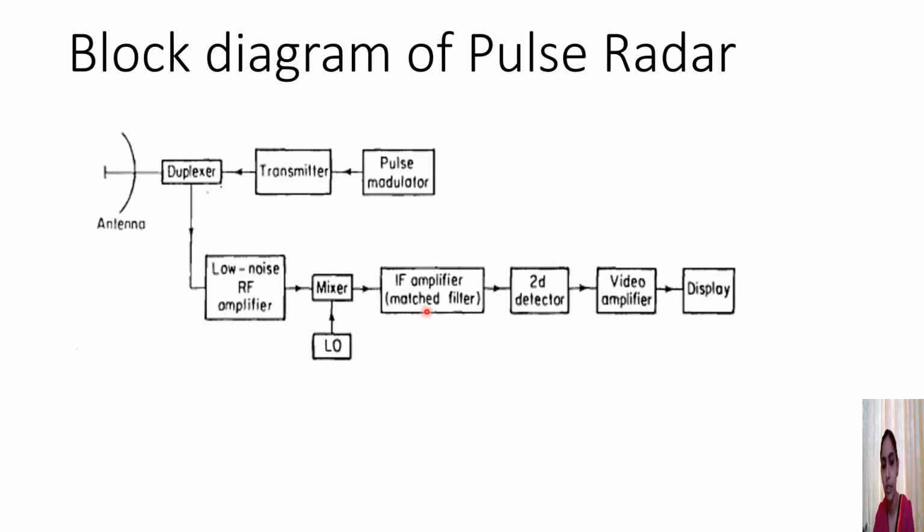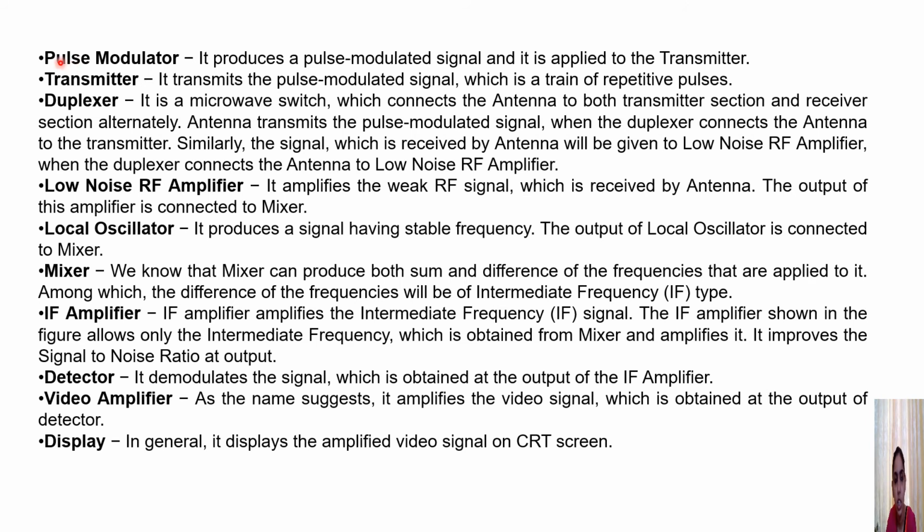By that we mean the frequency response function, H of f, should be such that it maximizes the signal to noise ratio. That is why we have written matched filter in brackets. So this explains the block diagram of a pulse radar, and the main important function of each stage of the block diagram is explained.